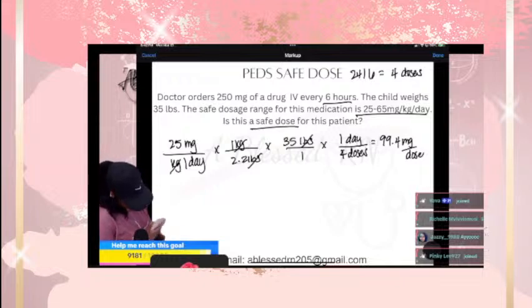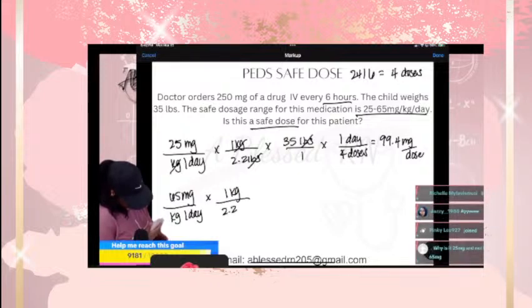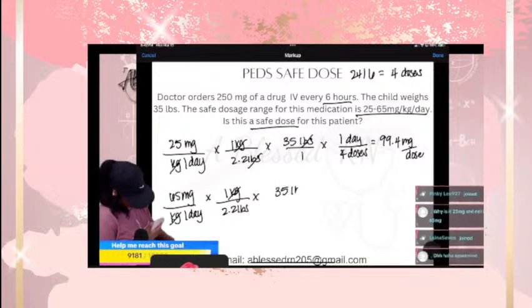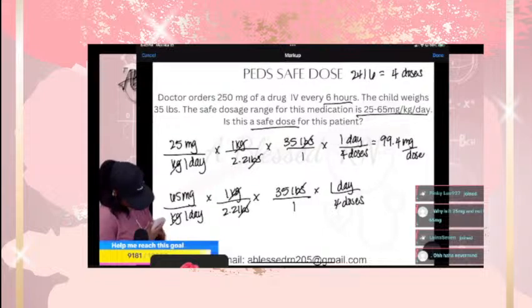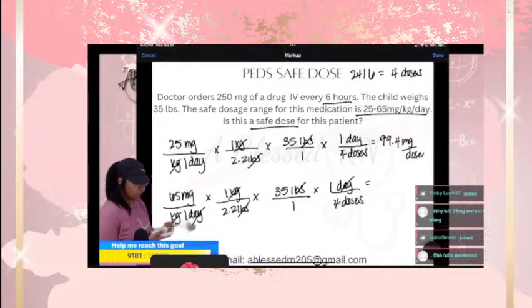And let's find out the most. So 65 milligrams per kg per day. 1 kg is 2.2 pounds. Kg crosses out. 35 pounds over 1. Pounds cross out. In one day, there are 4 doses, okay? So day crosses out. Now we have milligram on the top and dose on the bottom.